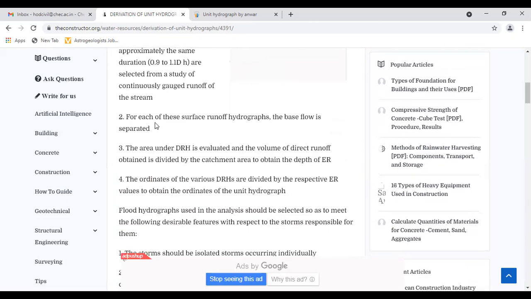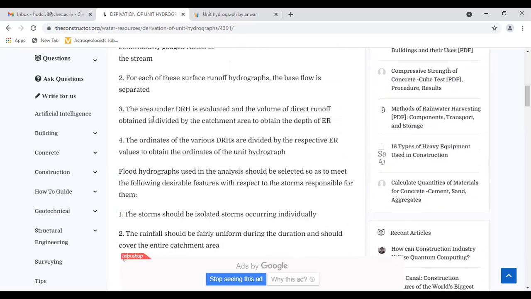For each of these surface runoff hydrographs, the base flow is separated. The area under the direct runoff hydrograph is evaluated, and the volume of direct runoff obtained is divided by the catchment area to obtain the depth of effective rainfall.